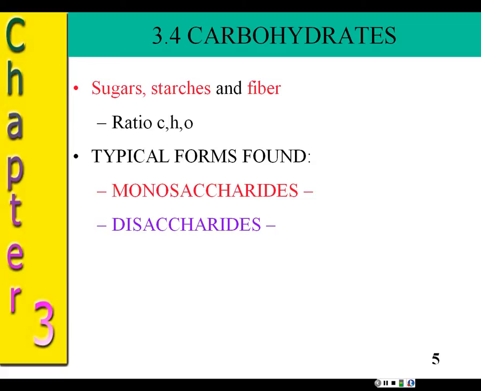Usually the way it's transported in plants. And then we can also have polysaccharides. Polysaccharides usually are either going to play some kind of structural role, or it may be a storage form of glucose, like in starches. We can link many of these glucoses together and they form a starch.